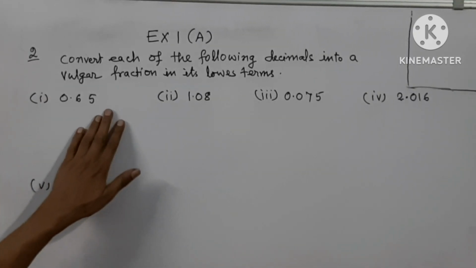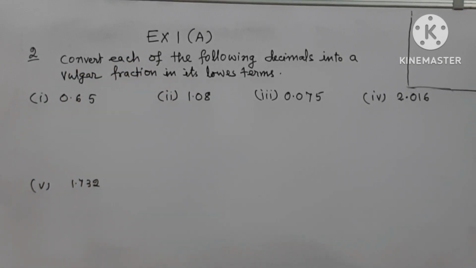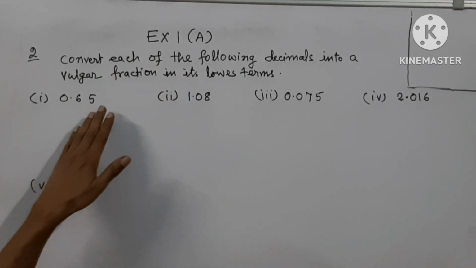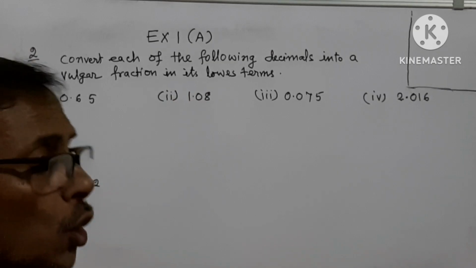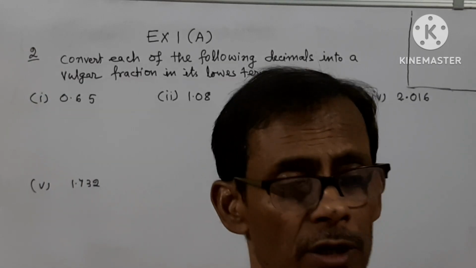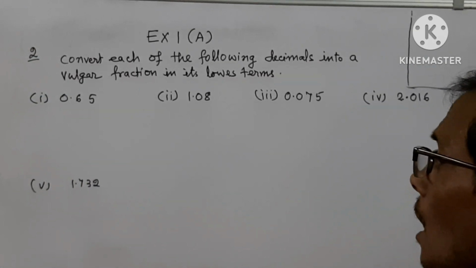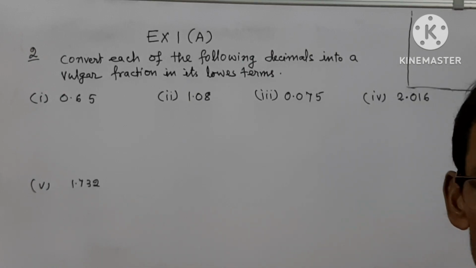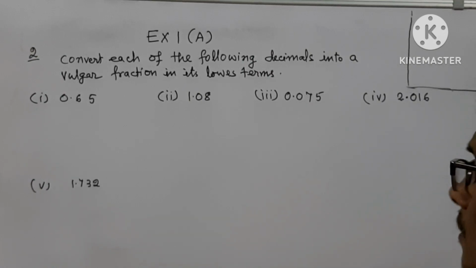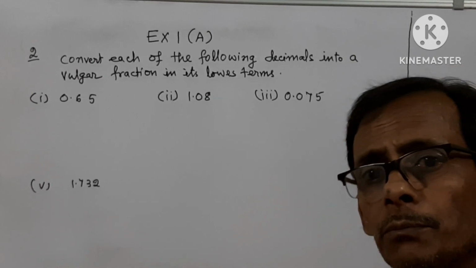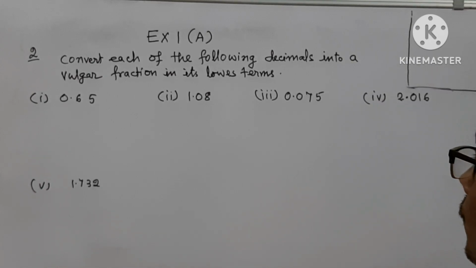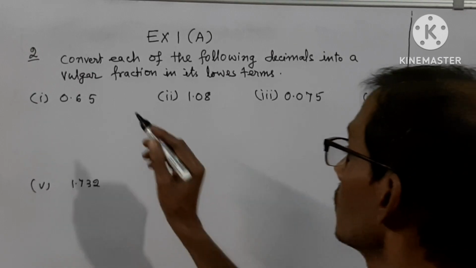Children, second question. Convert each of the following decimals into a vulgar fraction in its lowest terms. Any fraction in lowest terms, you have done this in your earlier classes also. What is a vulgar fraction?